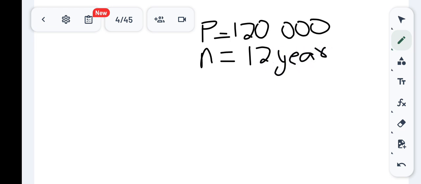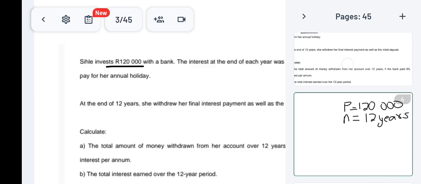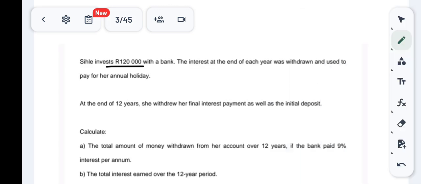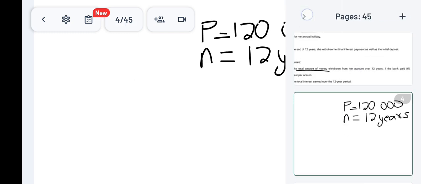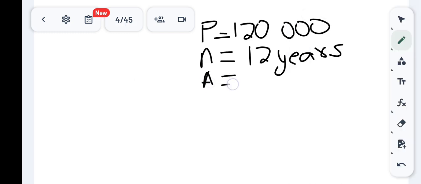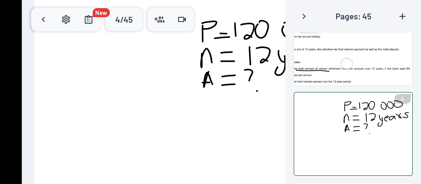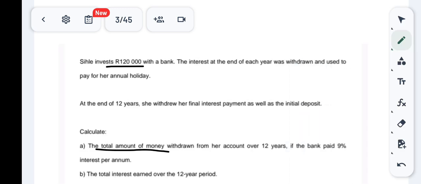Then calculate the total amount of money. Total amount of money, good people. You need to calculate A, because it's the total amount of money, the final value withdrawn from her account over 12 years, if the bank paid 9% interest per annum.